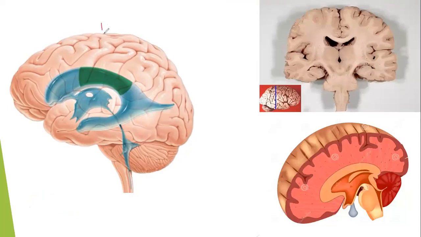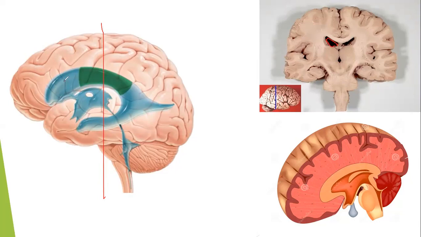Can you see, if I cut a coronal section through here and then look at it from the cut surface, I'm going to see the two hemispheres of the brain on each side. So this is one hemisphere and the other hemisphere. Now you can see right here in the middle, this dark area, this is one of the hollow spaces.